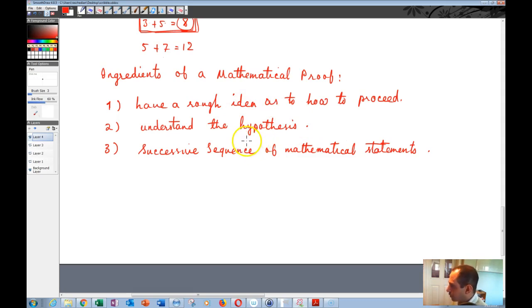And the conclusion of a sequence of mathematically true statements laid out in a logically correct order should be what we wanted to prove. That is what the theorem claims.